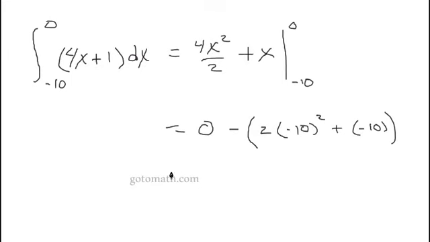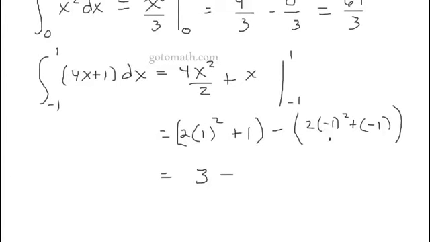Anyway, I'll let you figure that out. -10 squared is 100, so that becomes 200, and 200 minus 10. So this piece here is going to be 2 minus 1. And here's the real reason why we want to put a parentheses around this last piece, and that's because of this negative sign.